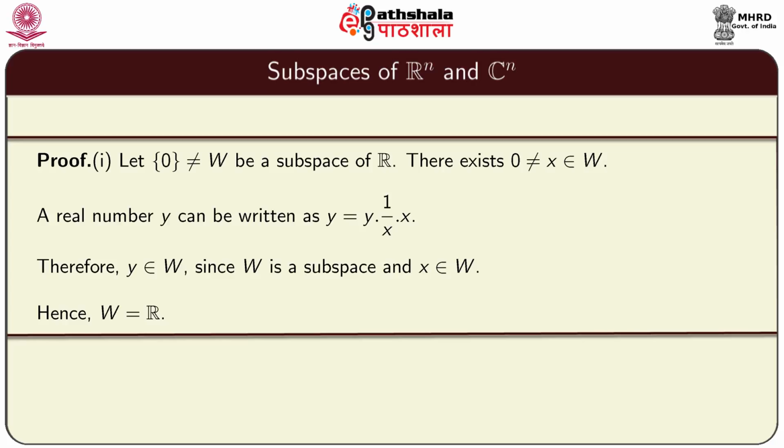Therefore, 1 by x exists as a real number, and we can write any real number y as y times 1 by x times x. This shows that y belongs to W, because W is a subspace and x belongs to W. Therefore, every scalar multiple of x would belong to W. But y was chosen arbitrarily, and therefore, W has to be the whole of R.